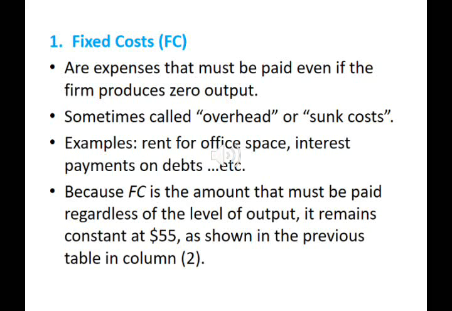That's why if you go back to the previous table, you will find that the fixed cost has a figure, which is $55, for example, corresponding to a zero level of output. So even if Q is zero, we will find that the fixed cost has a number. So fixed costs are expenses that must be paid even if the firm produces zero output.